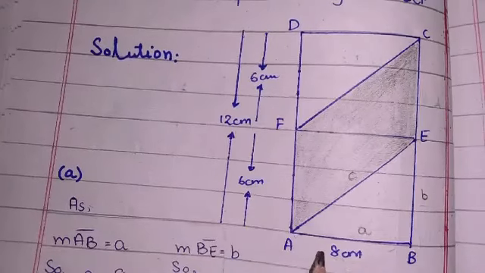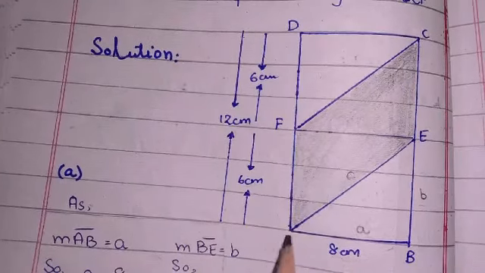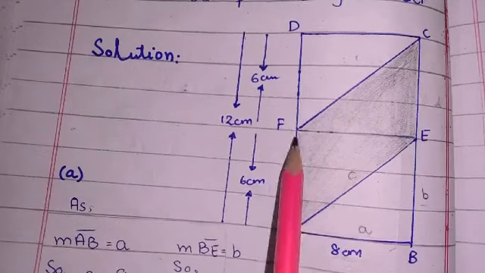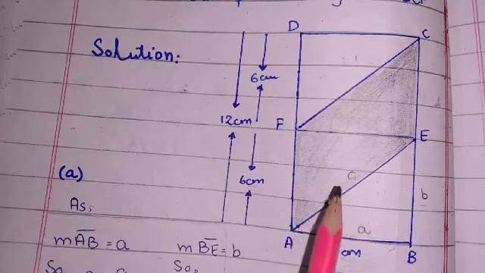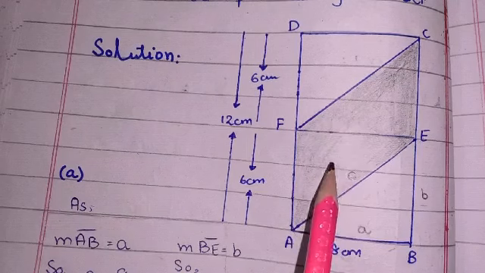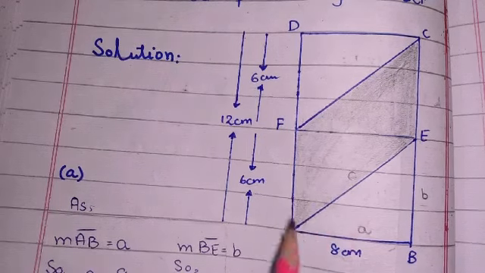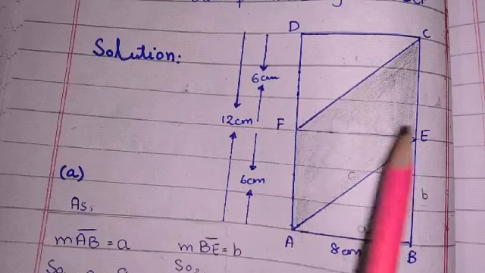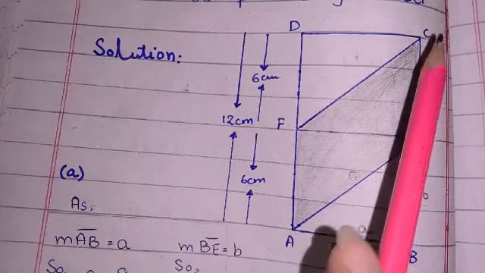Now students, to find out the area of parallelogram AECF, you have noticed that there are two triangles forming in this area. First is AFE and second is CEF.